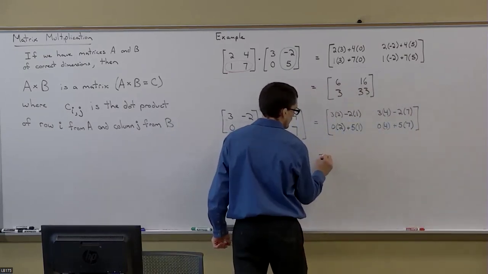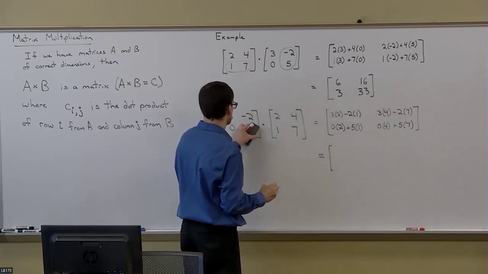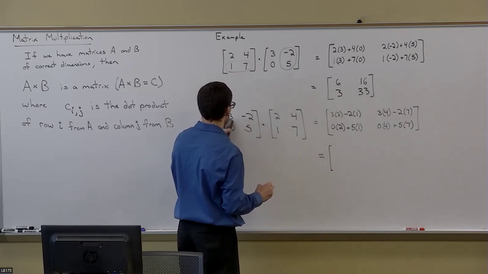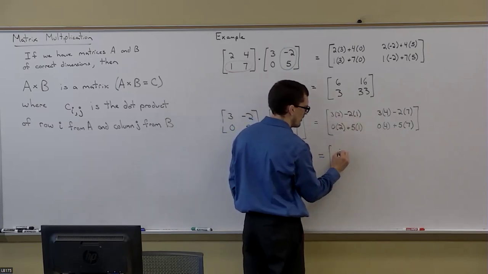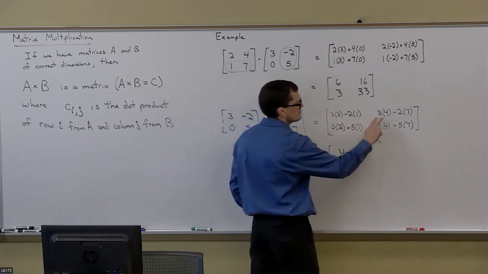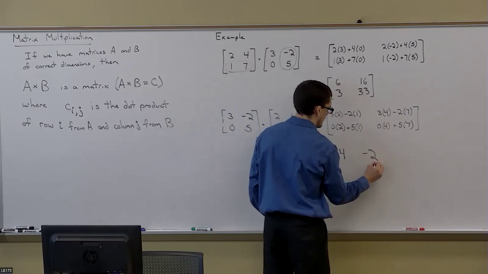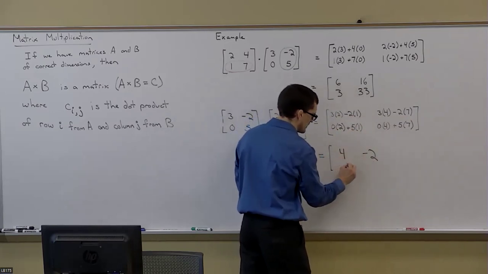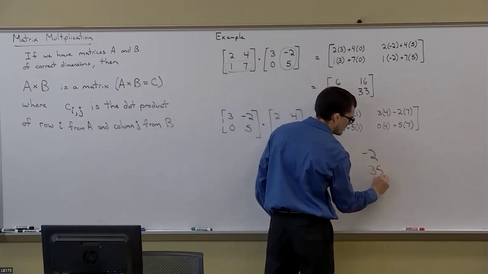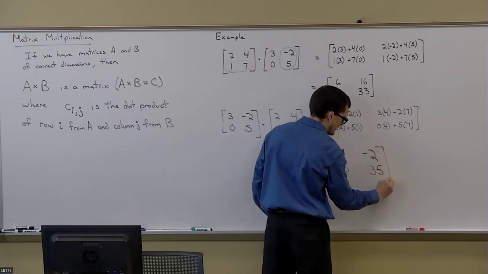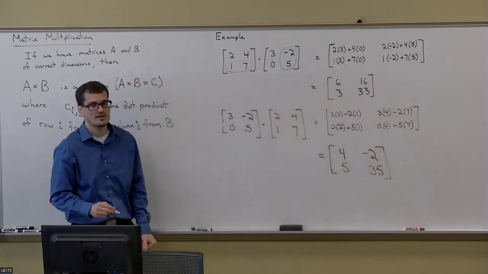And if you calculate all those entries, 6 minus 2 gives me a 4. 12 minus 14, I believe, gives me a negative 2. 0 plus 5 gives me a 5. 0 plus 35 gives me a 35. Notice that these two matrices are very different from each other. Okay?